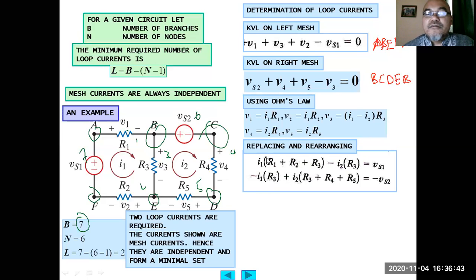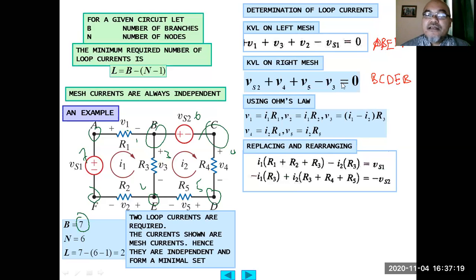So from here, you group I1 multiplied by (R1 plus R2 plus R3), minus I2. The Vs1 goes to the other side of the equation, and negative I2 comes in because in R3, V3 equals (I1 minus I2) multiplied by R3. So negative I2 multiplied by R3 comes from this term.